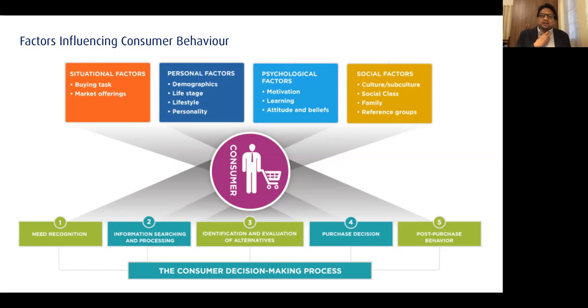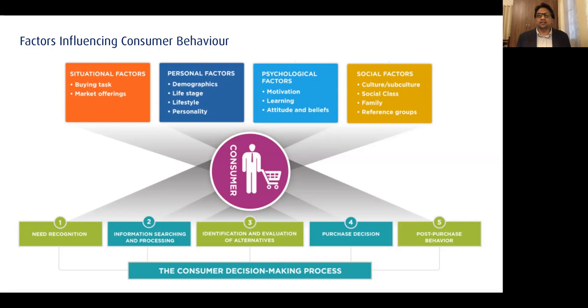If the task is very cumbersome, it has a lot of distance, a lot of process, a lot of queues, many people would be dissuaded or will just back off altogether. It also depends on the market offerings. If there is a tempting enough offer, you would go for it. So the task and offerings have to be combined in such a manner, considering how attractive you make it. Those are what we call situational factors.